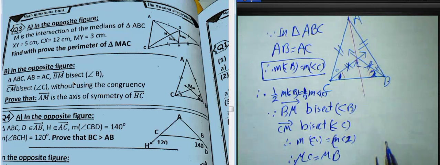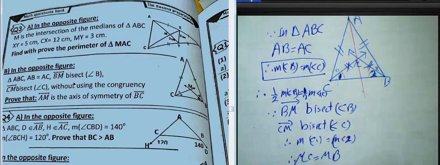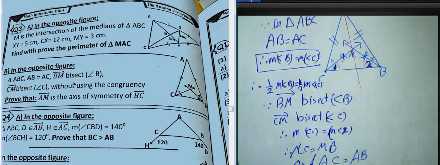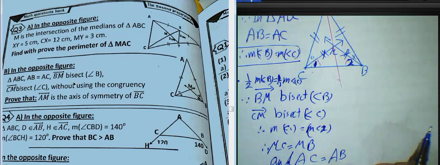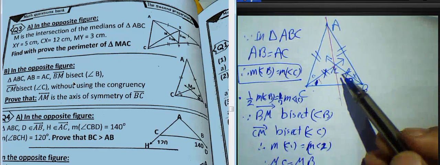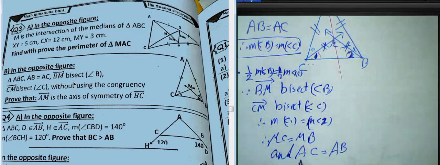MC equals MB, and he gives us AC equals AB. So we will get the proof here. You are finished because you proved that MC equals MB and AC equals AB.